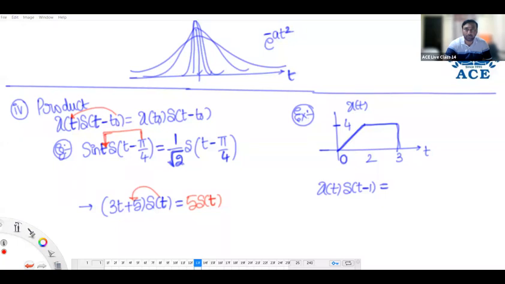Very good. For 2 units, it is 4. If you want 1, what will be the amplitude? 2. For 2 units, amplitude is 4, means for 1 unit it is 2. So 2 into del of t minus 1.